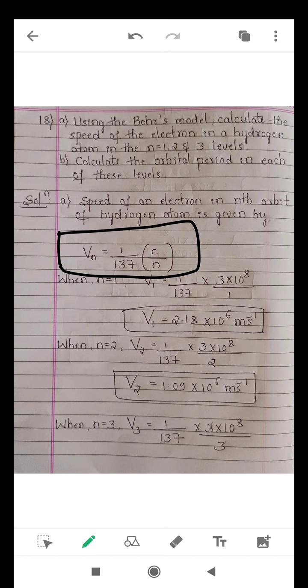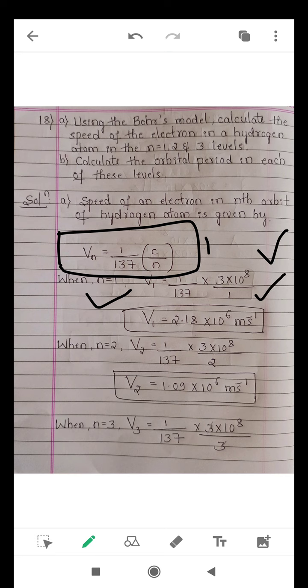Now we need to calculate the speed in n equal to first, second and third levels in case of a hydrogen atom. So when n is equal to 1, speed v1 is given by this step. Therefore v1 is equal to 2.18 into 10 to the power 6 meters per second.